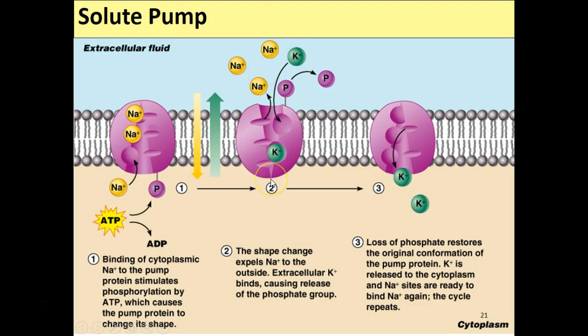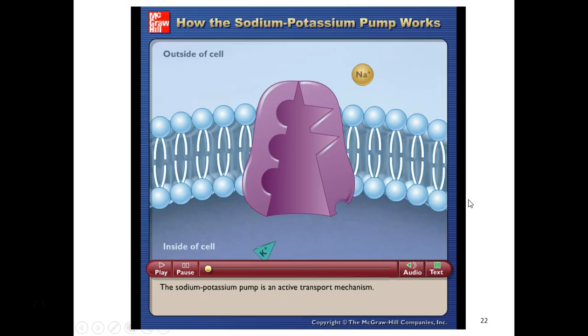When the phosphate releases from the ATP binding site, that allows the protein to go back to its resting structure, and it opens to the inside, and then potassium is released to the inside of the cell.